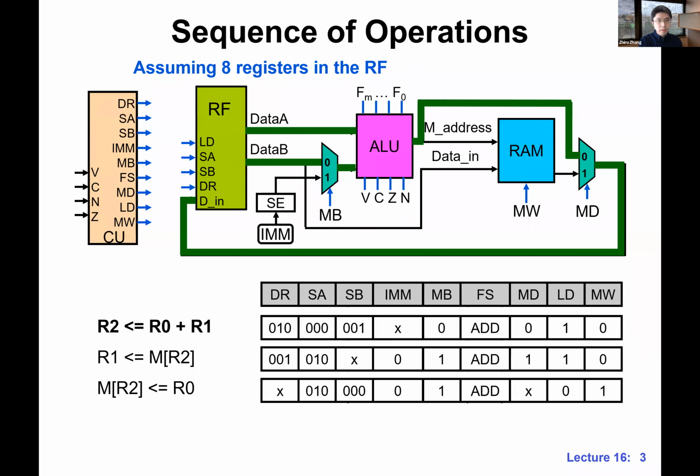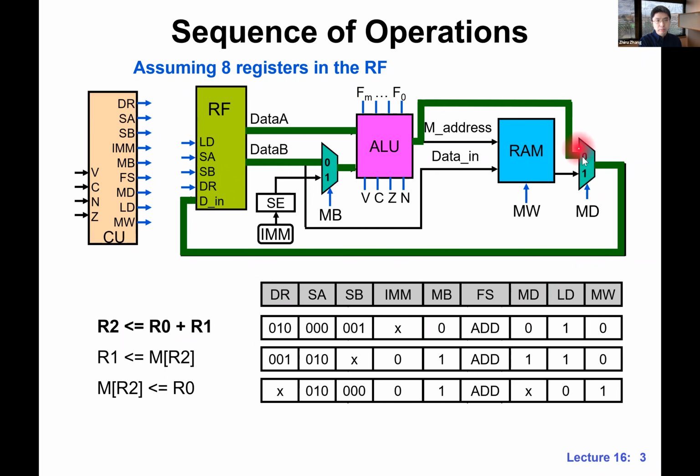Remember that we have 3 concurrent ports. We have 2 read ports and 1 write port. We can do 2 reads and 1 write at each clock cycle. That's what we offer with RF. And with this instruction, we don't really need to interact with the RAM. So that's where we take this path, we call it the ALU path, and this is where we set MD to be 0.